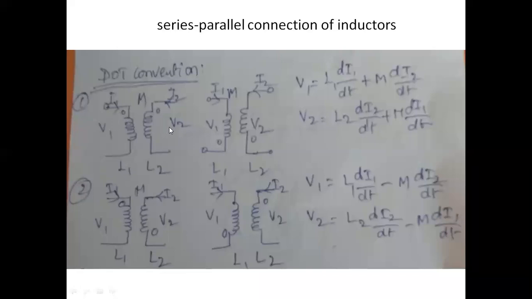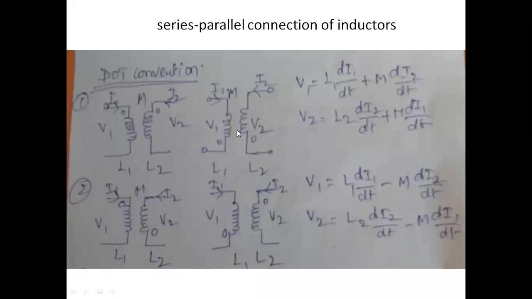Due to I1, V2 will be generated. Due to I2, V1 will be generated. So we will obtain the equations for the generated EMF voltages V1 and V2. V1 is equal to L1 into di1 by dt plus M into di2 by dt, where M is the mutual inductance between the two coils.